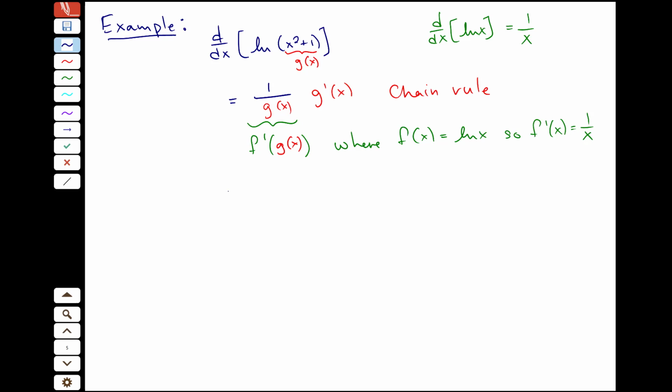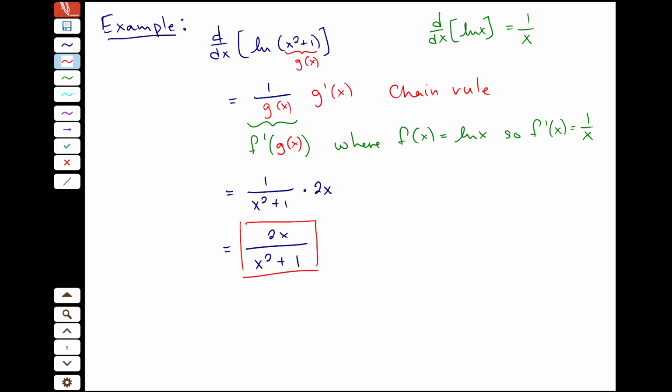So all in all, when I plug everything in, I have 1 over my inside function, x squared plus 1, times the derivative of that. The derivative of x squared plus 1 is 2x. And so all in all, I have 2x divided by x squared plus 1. And that is my final answer.